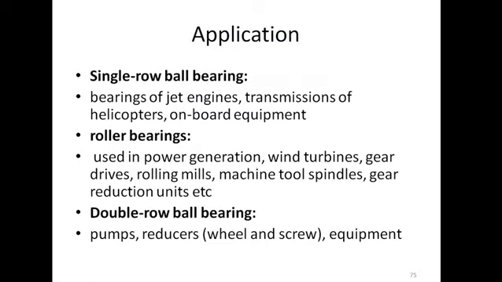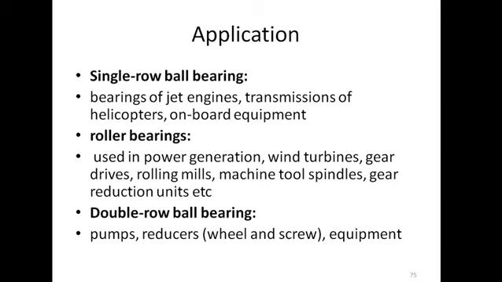Now we are going to see the application of various bearings we have used in industry. So first one is a single row ball bearing. Bearings of jet engine, we are going to use in transmission of helicopters. We are going to use on board equipment.